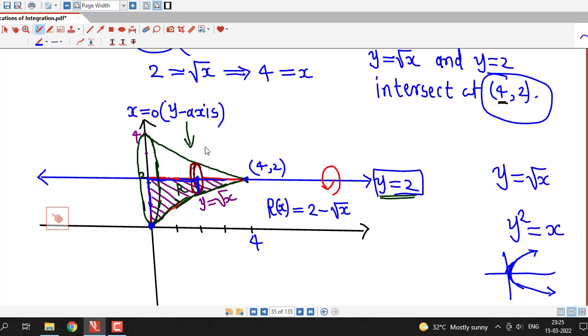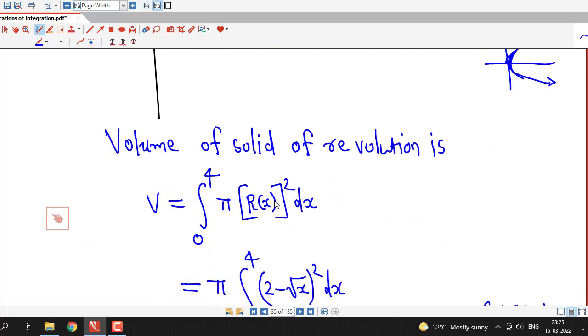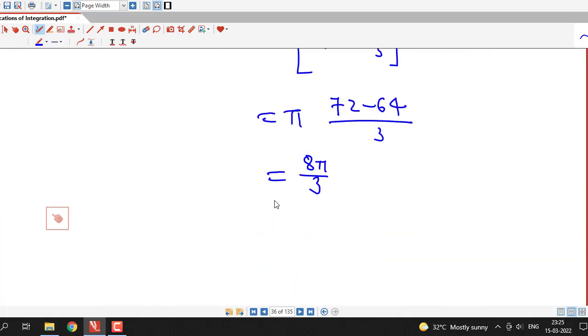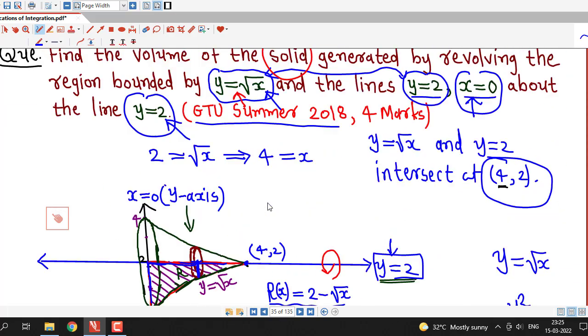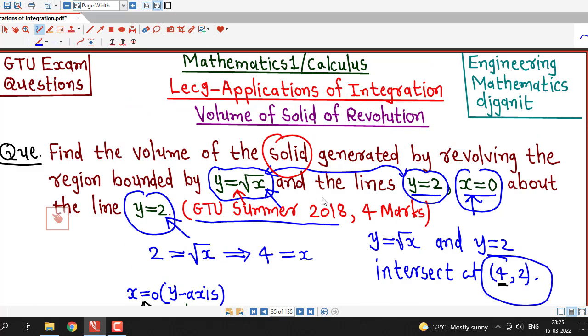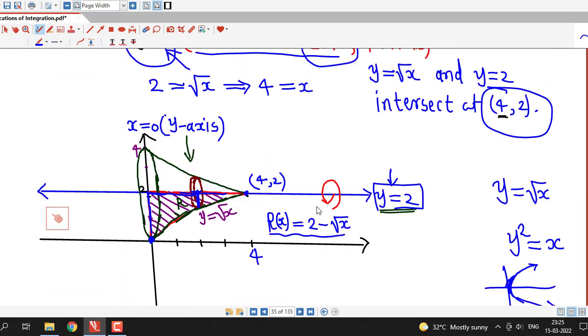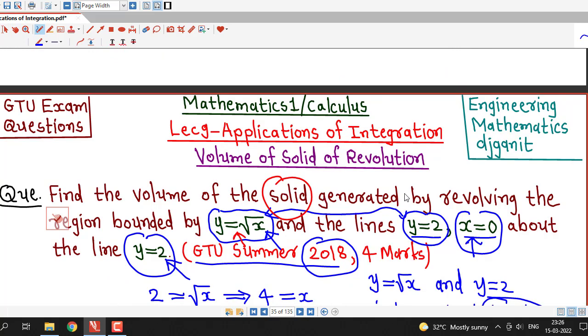Then we consider the cross section of this solid perpendicular to the line y equal to 2, and we obtain this circular disc, and the radius of this circular disc is this distance 2 minus square root of x, and using the formula for the volume of solid we obtain the volume of the solid generated, that is 8 pi divided by 3. So this question was asked in the GTU Summer 2018 exam, and it is very easy to obtain the volume of the solid which is generated by revolving the given region.